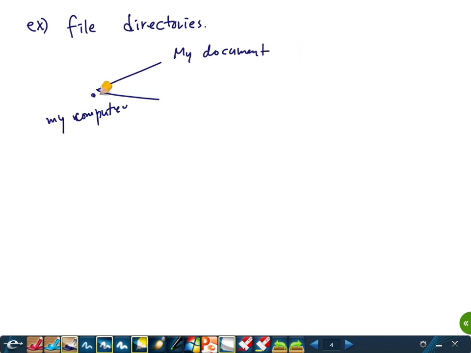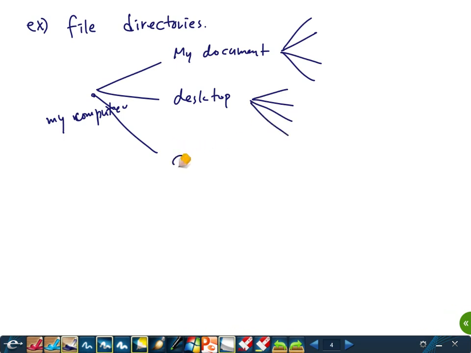And maybe you have Desktop. And in your documents, you may have some things like that, report or homework. In your desktop, you have something, I don't know. So this is a tree structure. And maybe you can say, okay, this is a root, it's a rooted tree, if you say this is a root.